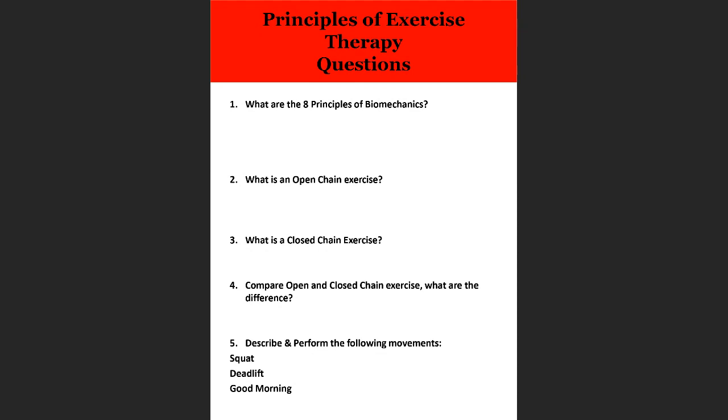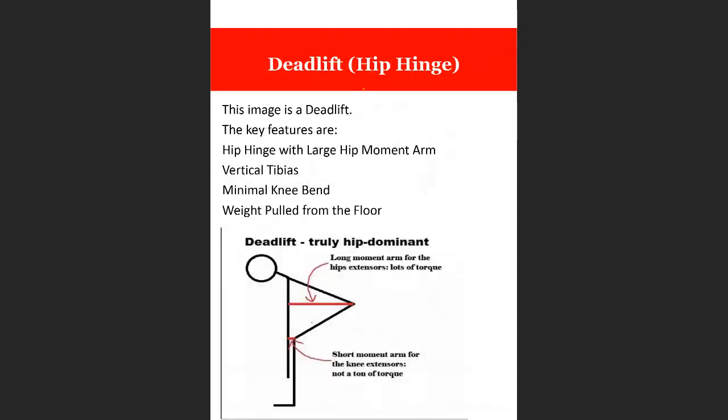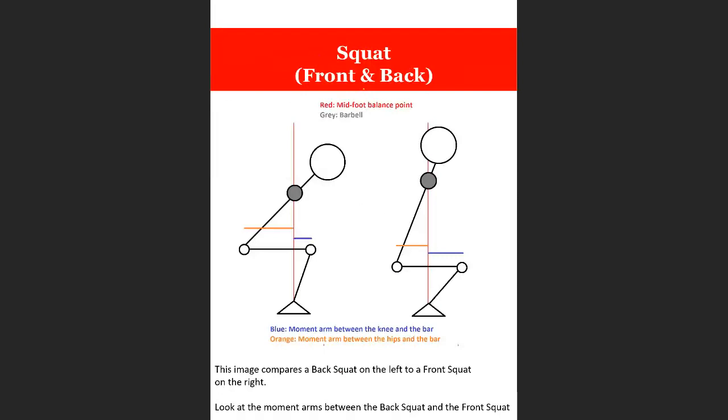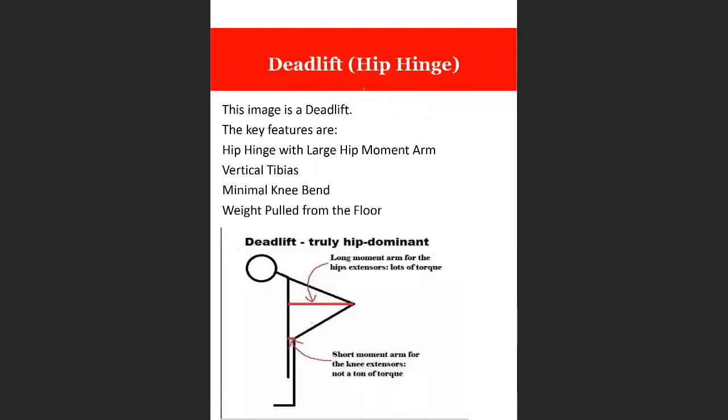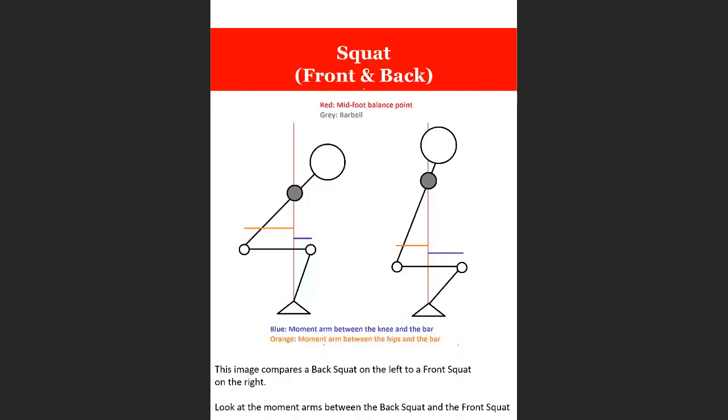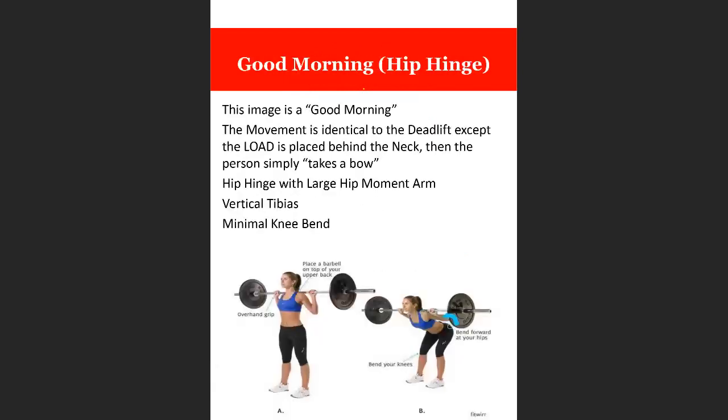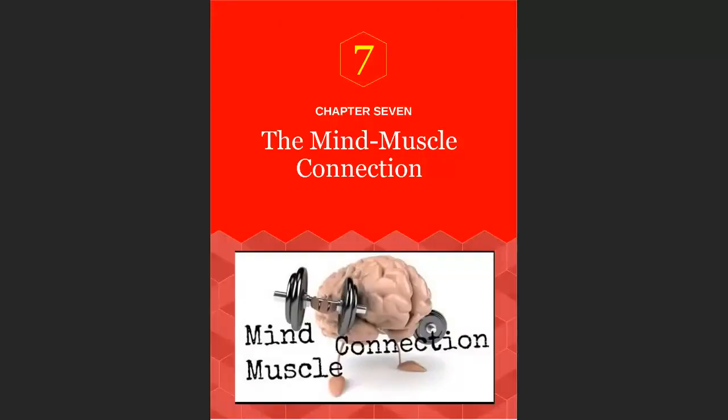Let me show you again. This is what we want as a squat. The knees are coming forwards, and there's an equal moment arm between the hip and the knee. That's the definition of a squat. Now with the deadlift, we've got a huge hip moment arm and a very small knee moment arm. So that's the difference between the two. Don't get confused when we talk about moment arms. It's not as bad as you think.